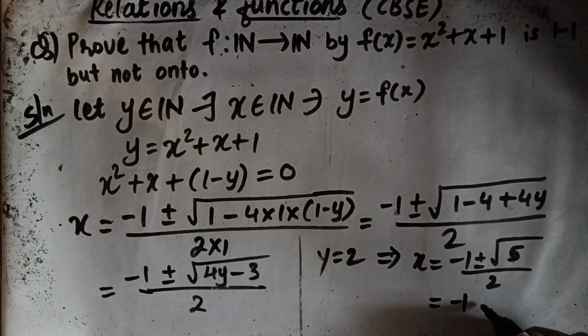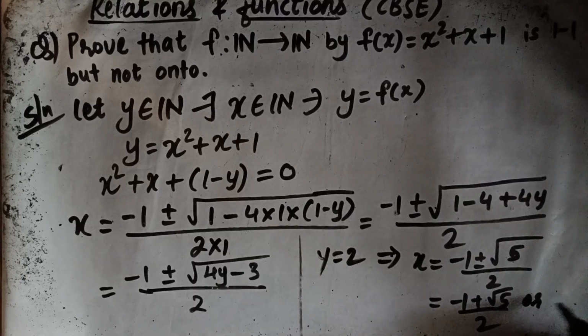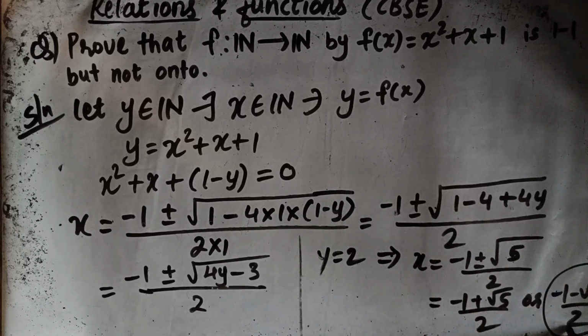So minus 1 plus root 5 upon 2, or minus 1 minus root 5 upon 2. This case is already eliminated because both are negative, so the number is negative. What about this? You have to look at the root 5.